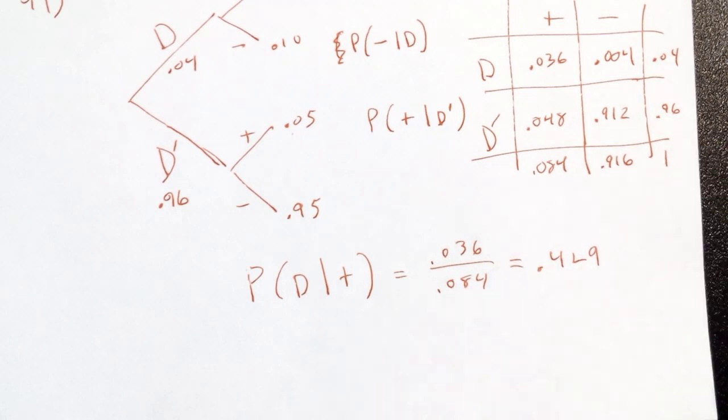For a test that's only wrong 5% of the time one way, 10% of the time the other way, you turn up with a positive drug test, there's only a 43% chance you're actually a drug user. That's a sensitive test. It said, oh, wait a minute, there might be something here, let's catch it. Even if it's not athletes.